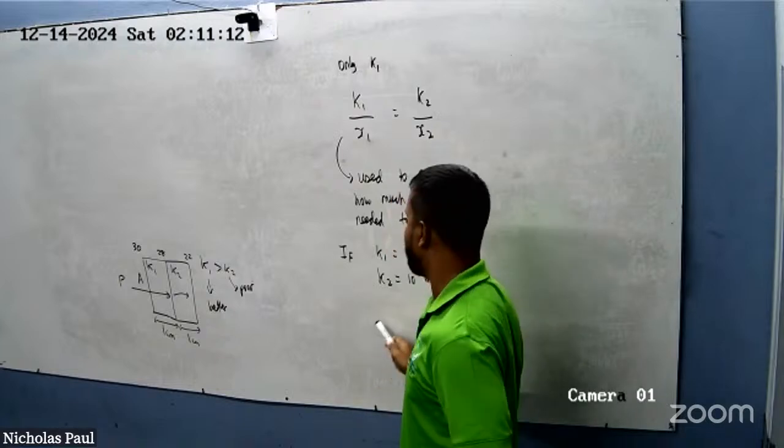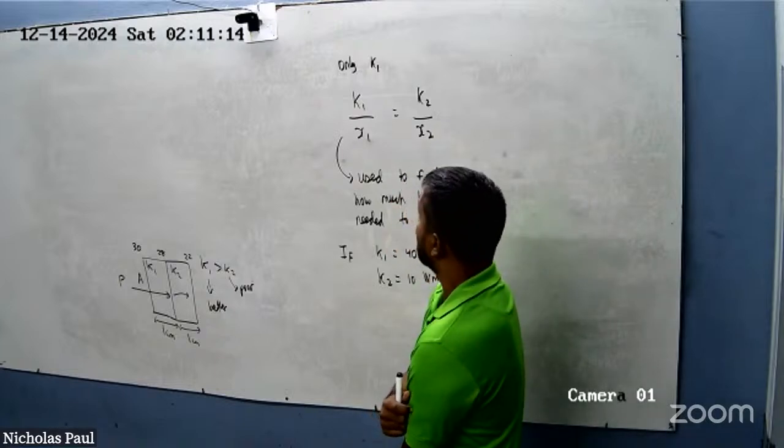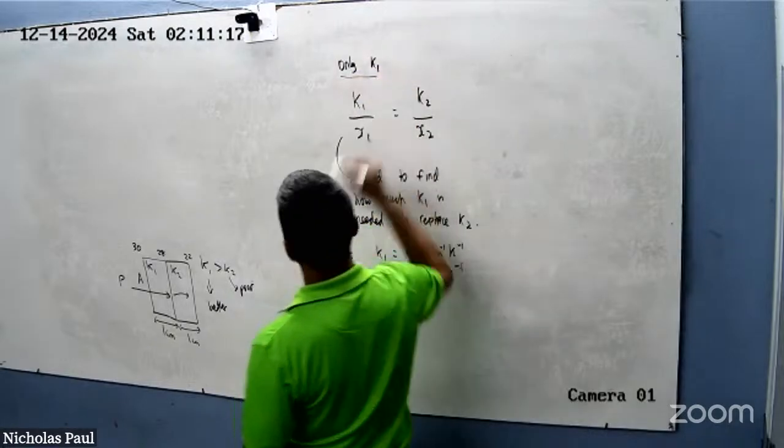Right up until here, so I can show you how to work it out. We're trying to get only K1, right?